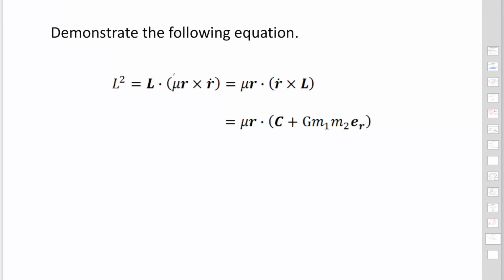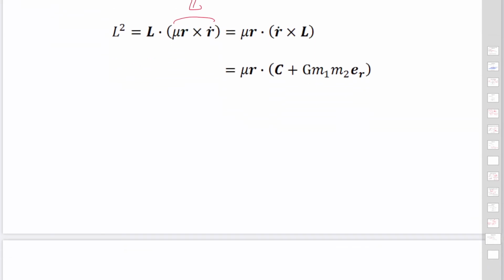This is exactly equal to the L, the definition of the L. We have to use this formula: A dot B cross C is equal to B dot C cross A equals C dot A cross B.